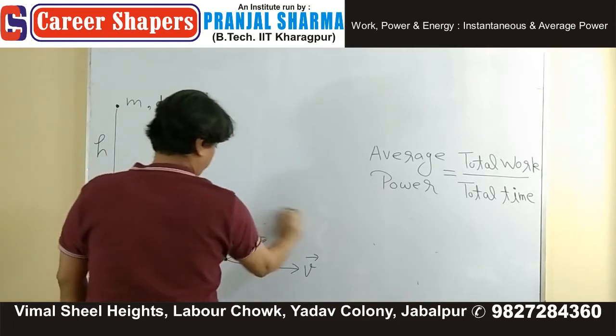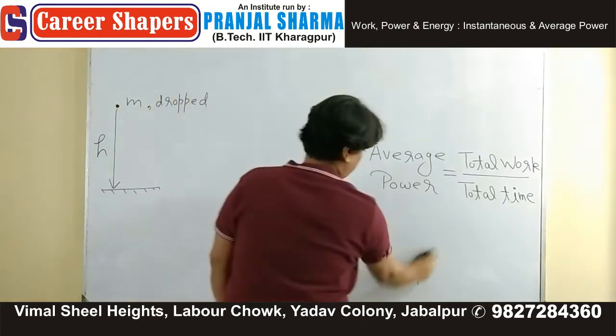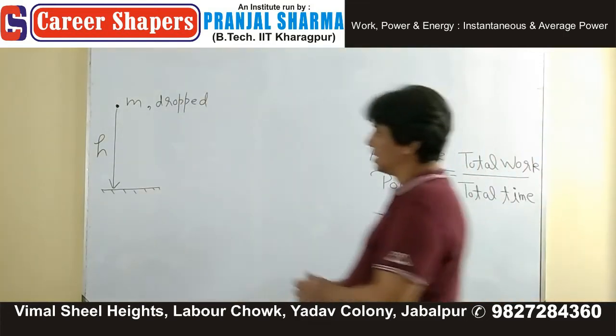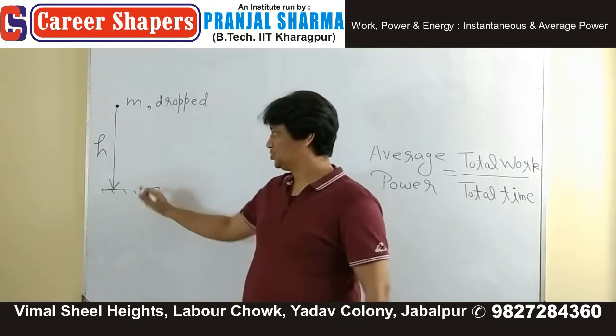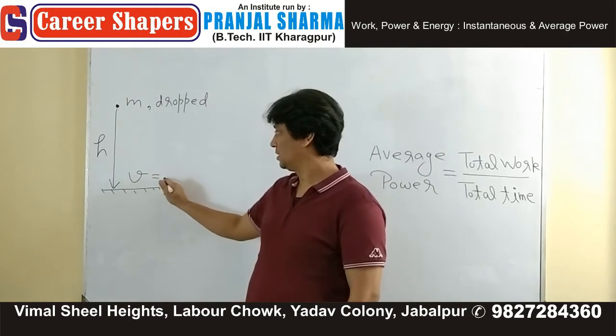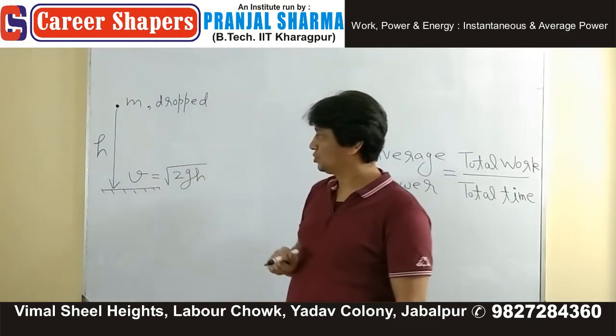From kinematics, we know that when an object is dropped from height h, then just when it is about to hit the ground, its velocity v is root over 2gh.